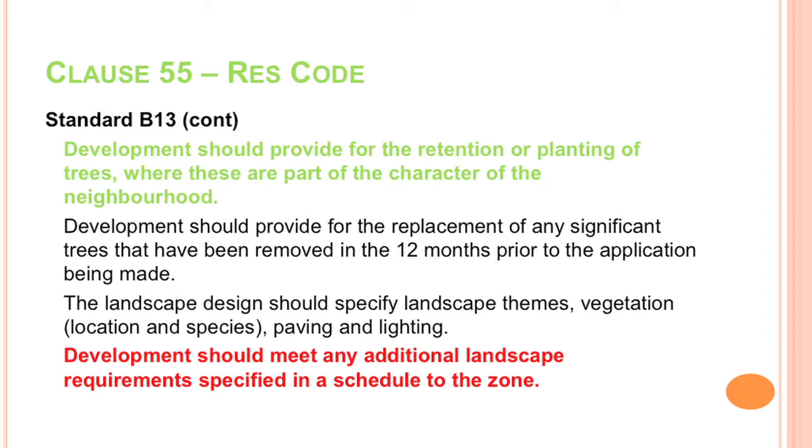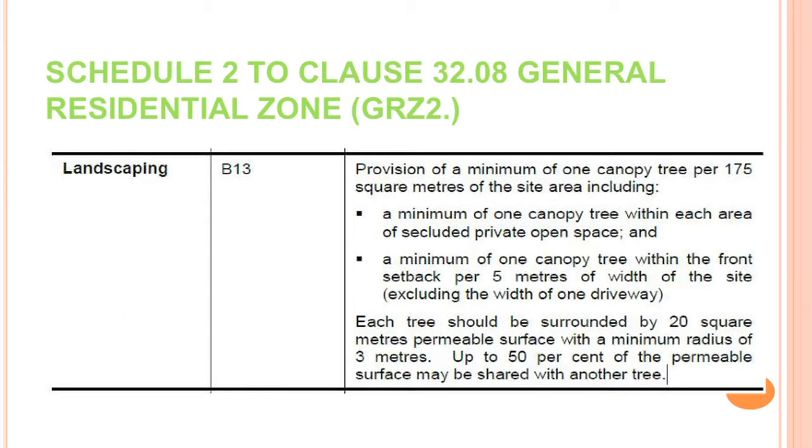Once again, clause 55 is a general Victorian planning policy, but you drill down to the zone. I gave the example of a General Residential Zone Schedule 2, and in Knox, when you drill down to the schedule, there's a whole heap of requirements when it comes to replanting.